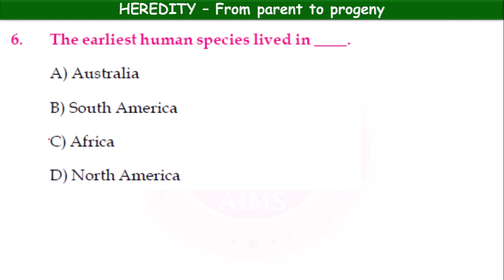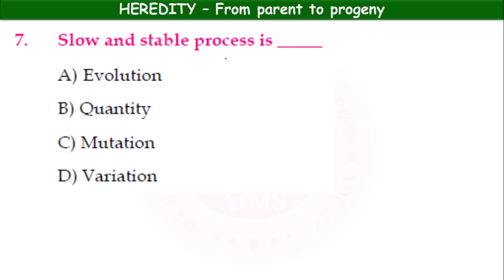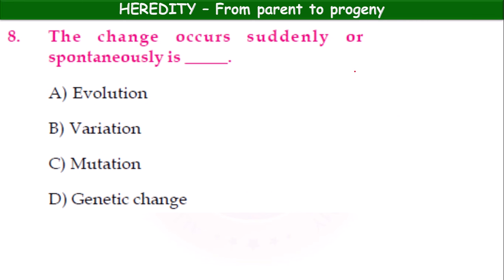It is Africa. Okay. Slow and stable process, which is that? Evolution, quantity, mutation, variation. Evolution is a slow and a steady process, stable process. The change occurs suddenly or spontaneously is evolution, variation, mutation, genetic change. Okay. The sudden inheritable changes, they are called as mutations.